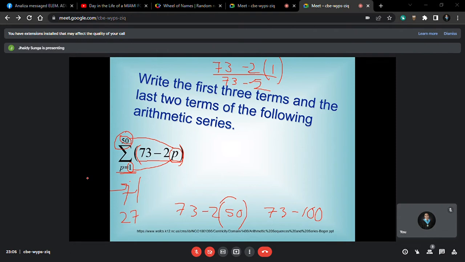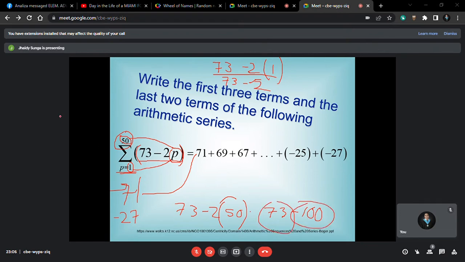The question is, what are they? If we recall, we have this arithmetic series. You will notice that this p stands as the first term. For 50, sorry, this value would be negative 27, knowing that 73 is smaller than 100.